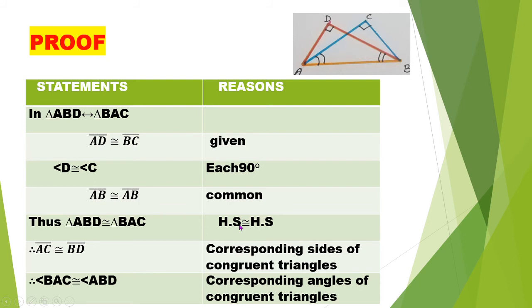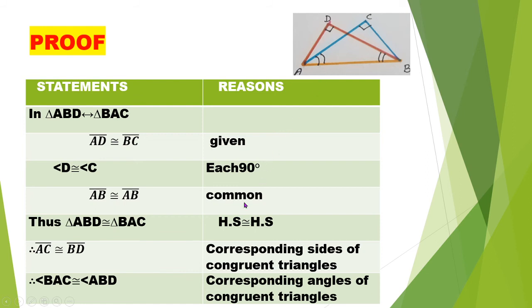As I have told you, HS postulate is used when the hypotenuse and any one side of a right triangle are congruent to the hypotenuse and the corresponding side of another right triangle. So these are two right triangles and their hypotenuses are also congruent along with one of the other sides.